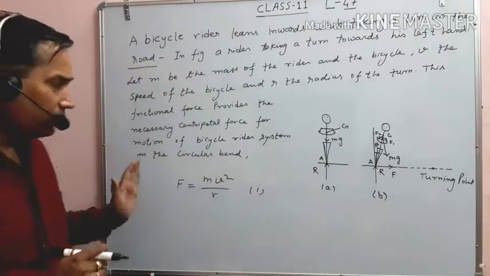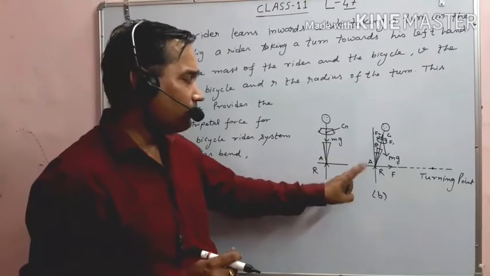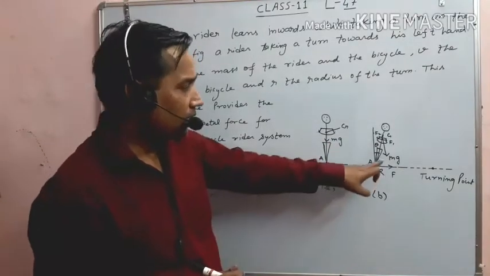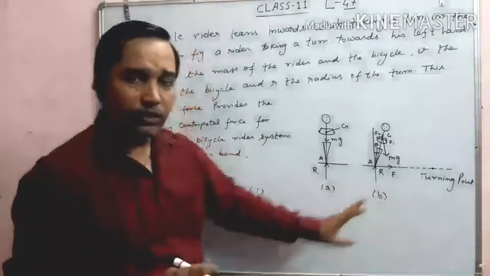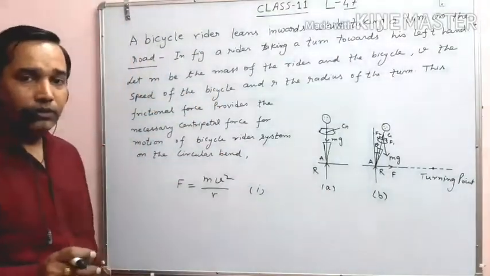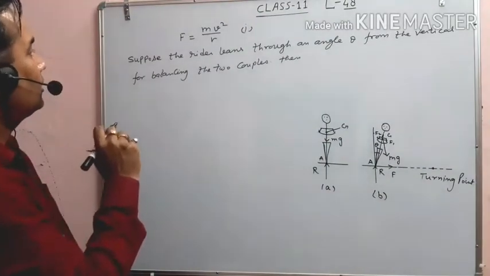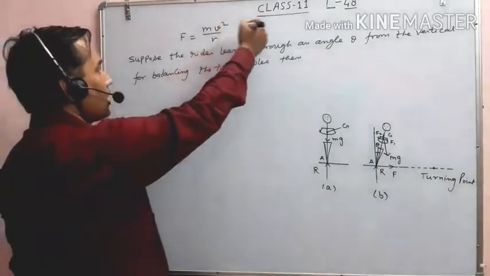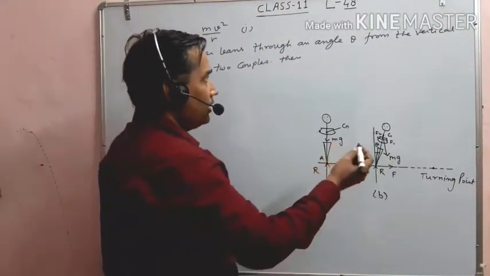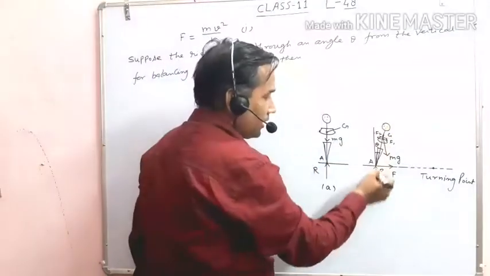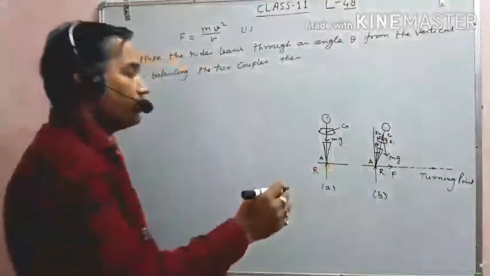So in this situation, two couples of forces act for balancing. One is mg and R, and the other is F2 and F. Okay, beta. Now clear? Okay. So here force F is equal to mv square upon r. Suppose a rider leans at an angle theta from the vertical line. This is the vertical line, that is the theta angle for balancing, beta.